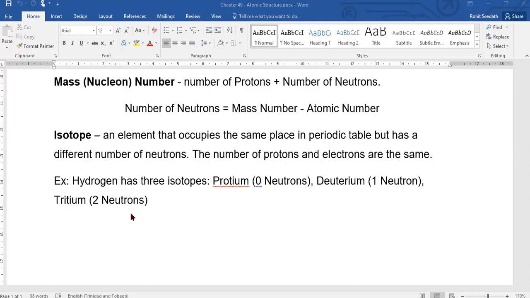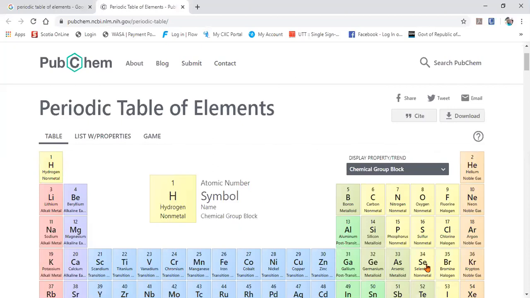So if we go back to hydrogen, I'm just going to show you. For hydrogen, your atomic number is 1, so that's the standard 1 1. So we have protium, which is 0 neutrons.